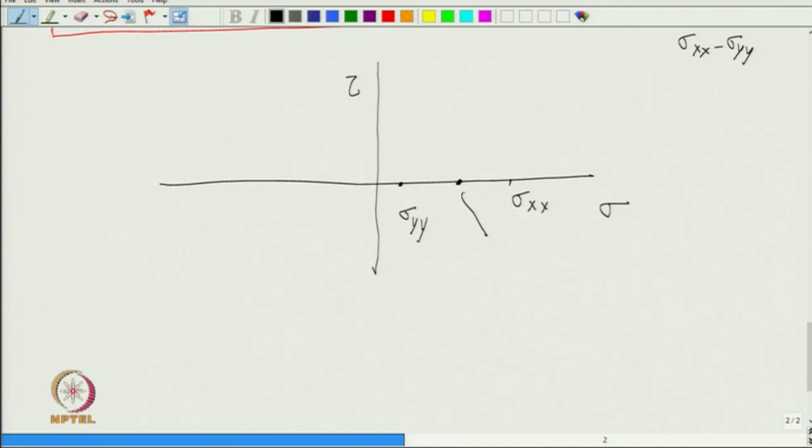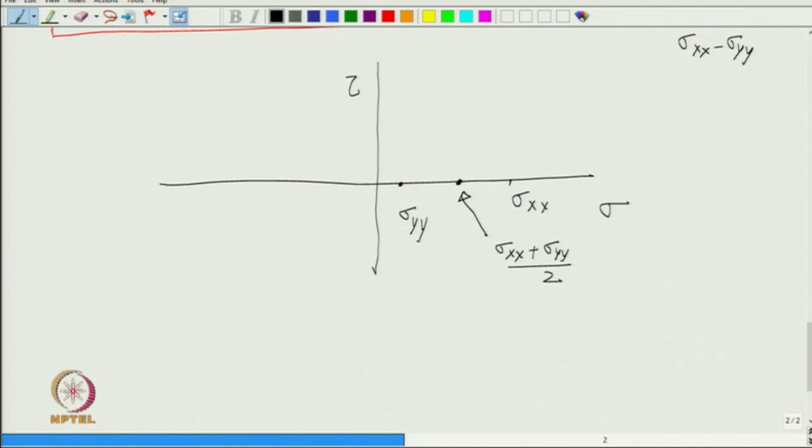So, that is the center, sigma x x plus sigma y y by 2, with x coordinate this value and y coordinate 0. So, it lies on the sigma axis. And what is the radius of that circle? That is the square root formula.